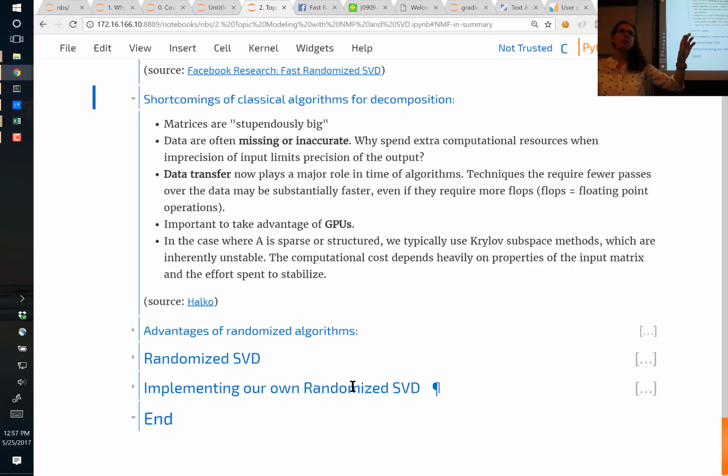I think this is less about the sparsity and more about the methods that are being used introducing this instability. We'll see examples of Krylov subspace methods later. But it's not so much having to convert between formats. Depending what you're doing, there are implementations that handle sparse data format very efficiently. So it's not a problem to be storing things sparsely.